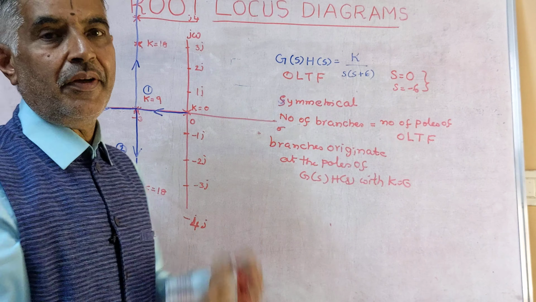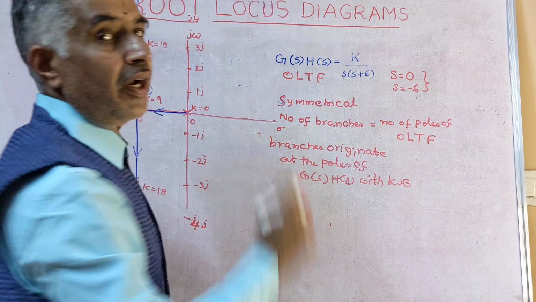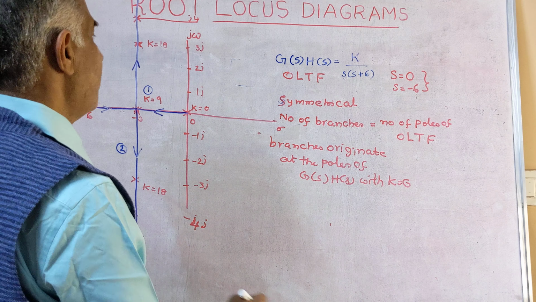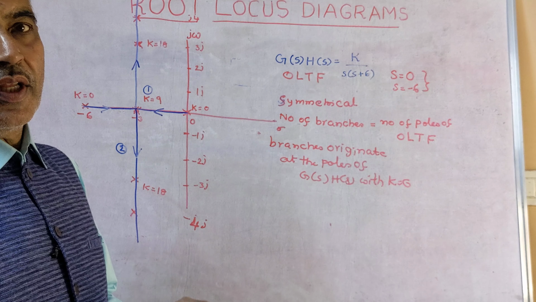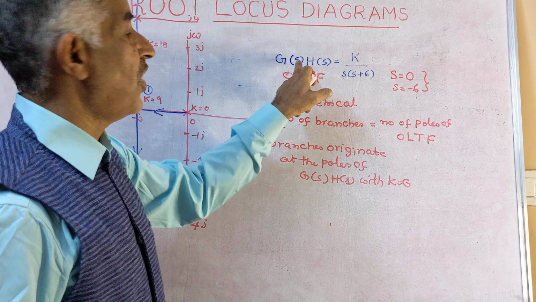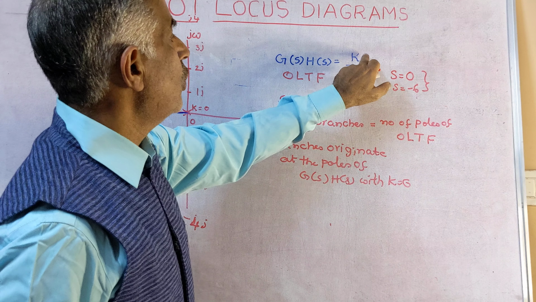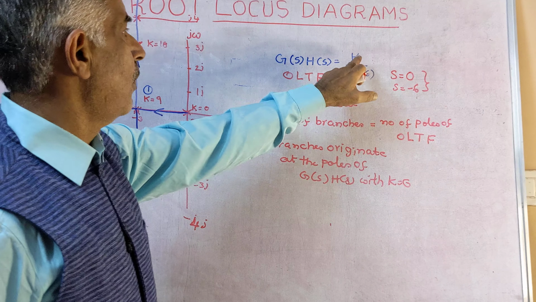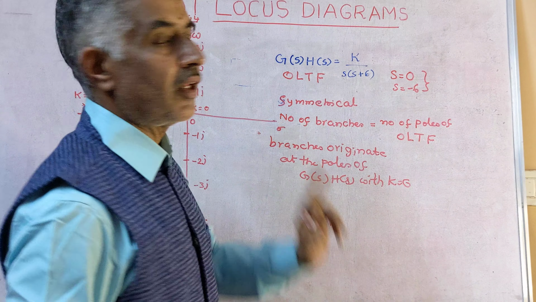Next, where do they terminate? In this problem, there are no s factors in the numerator. That is why they are terminating at infinity. So root locus branches terminate either at the zeros of G(s)H(s), or at infinity. You know what zeros are? Zeros means the roots of the numerator. But in this example, there are no s terms in the numerator.